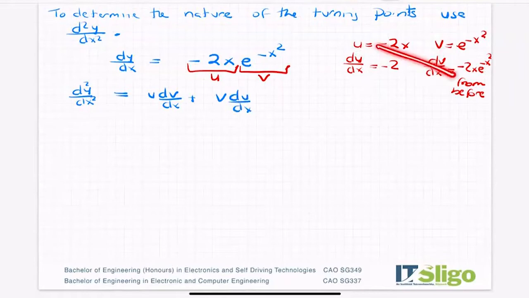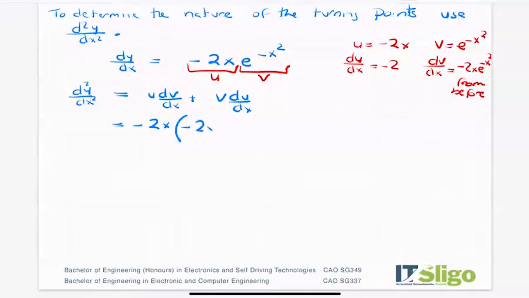So it's kind of a bit like a crisscross. There's u dv dx, v du dx, and then you fill the pieces in. So u times dv dx, minus 2x e to the minus x squared, plus v times du dx.